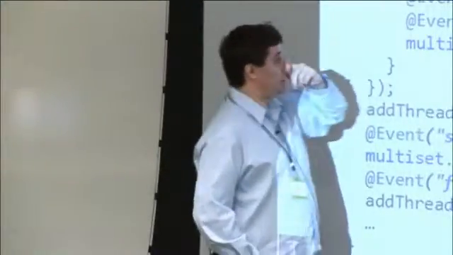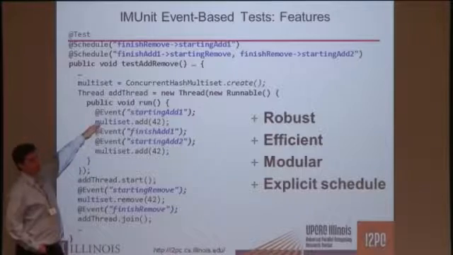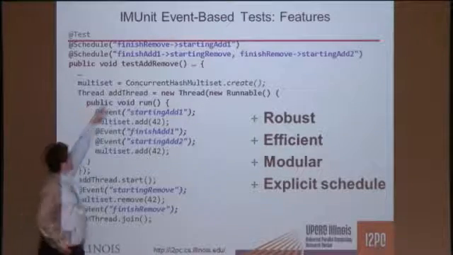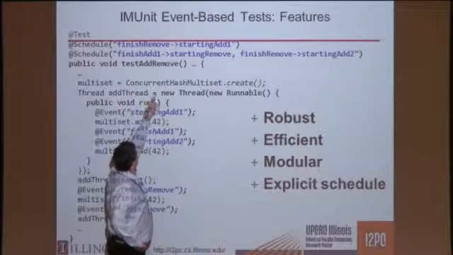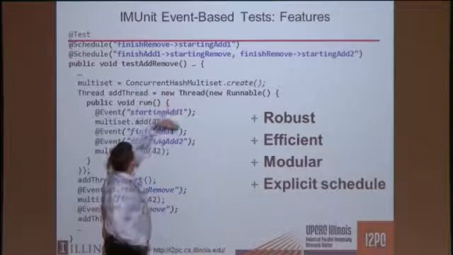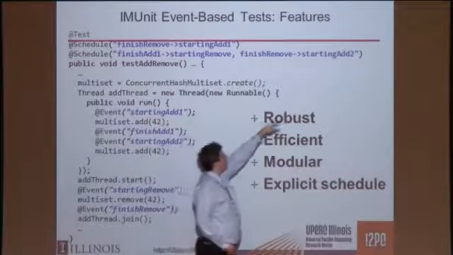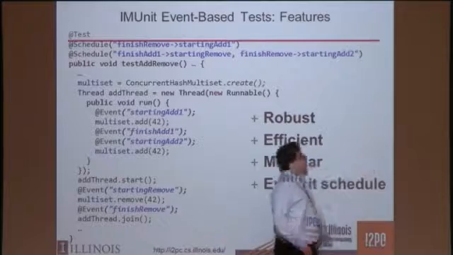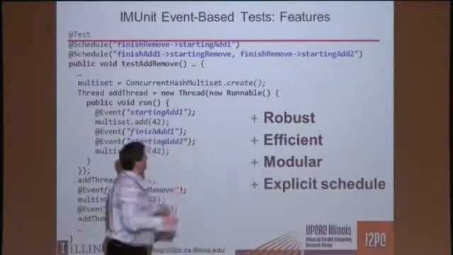Question? Yes? Can you code a deadlock or something bad in your schedule? Yes, it's very, very possible. We have both static and dynamic analysis to try to help with that. First, when you encode the partial order of the events, you can just introduce a cycle. So you just do something wrong. Let's say there, instead of 2, you put 1 by mistake. So we can statically find some cycles.